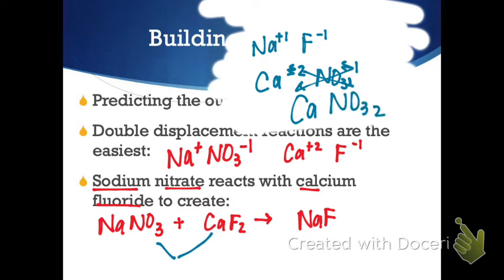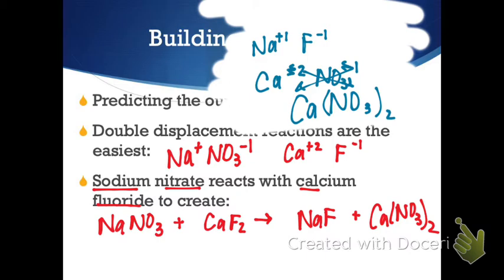I've got to have parentheses around my NO3 because I need 2 of those nitrate ions to cancel out my calcium. So my final product is Ca(NO3)2. Okay, so I've built my reaction, but is my chemical reaction balanced?